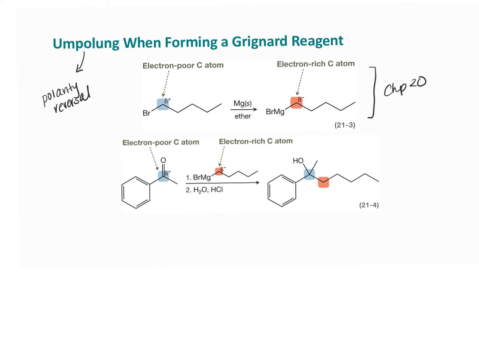And I really want to point out, look, this carbon is partially positive in this alkyl halide, and when it turns into a Grignard reagent, all of a sudden it is partially negative. That's because we've inserted the metal, which has a less electronegative value.